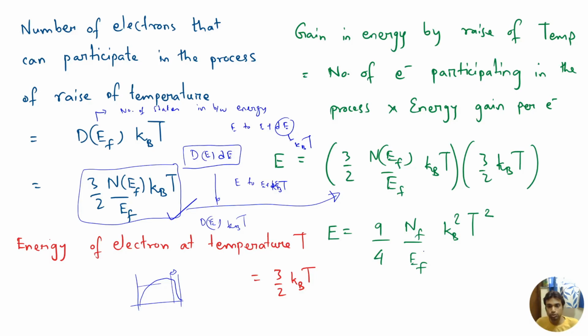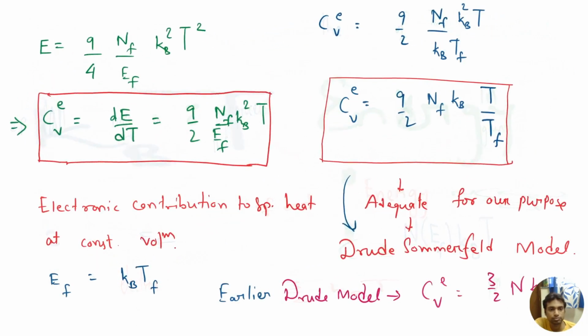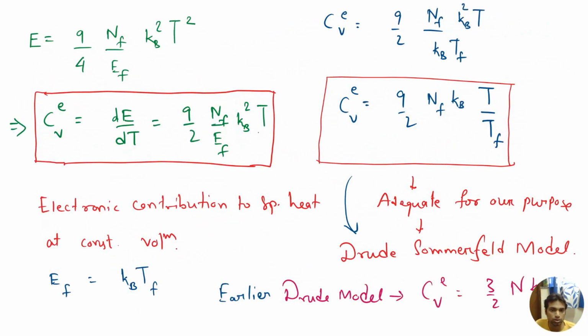Okay, so now what we have here is E is equal to this expression. This expression is for E. Now CVE is equal to dE by dT. If you take the derivative with respect to temperature, you end up with this expression which is covered in this square bracket.